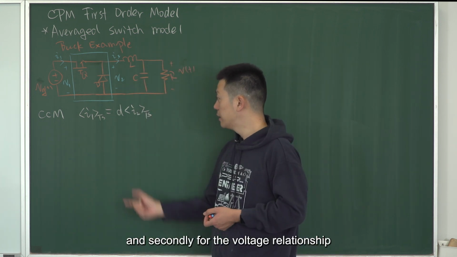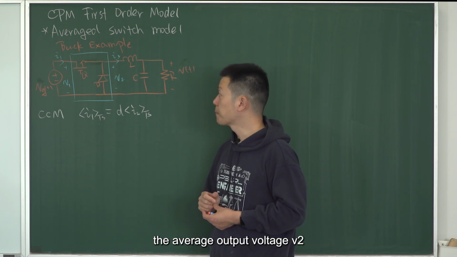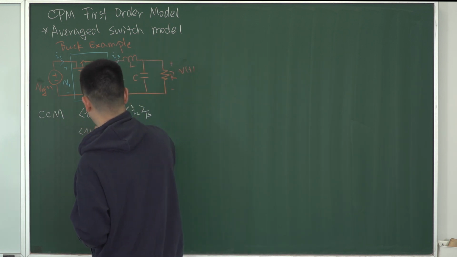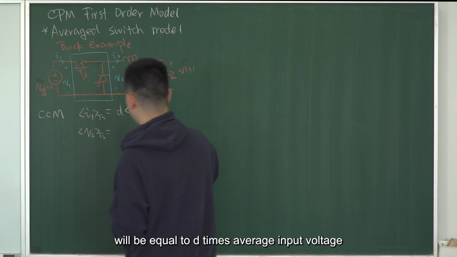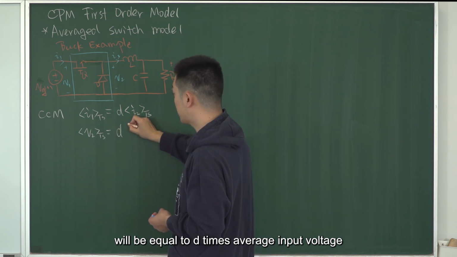And secondly, for the voltage relationship, the average output voltage, V2, will be equal to D times average input voltage.